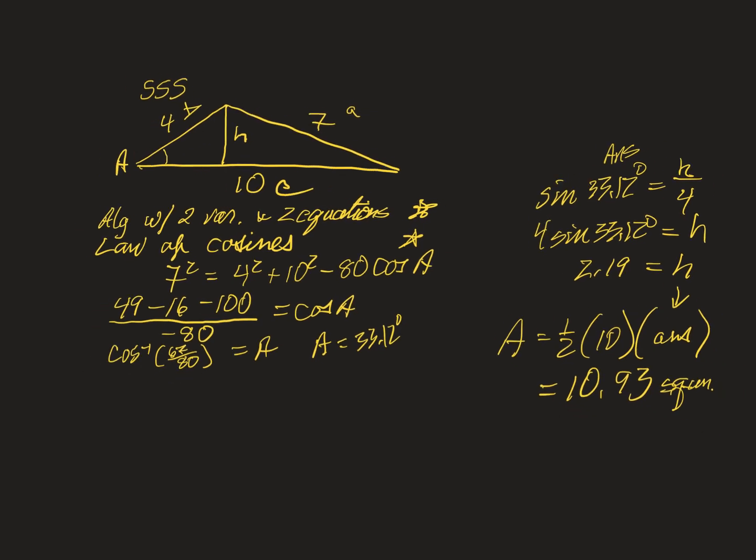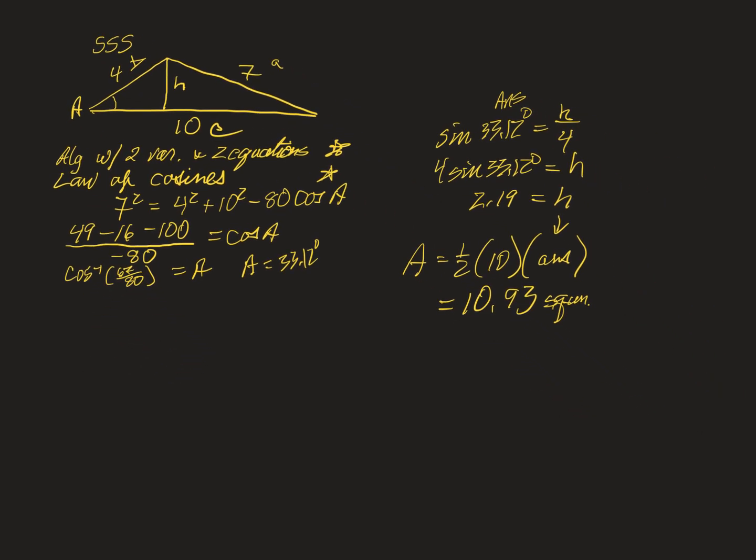So you ready? Let's go a little different. Let's do a little more algebra. So one of the things we could do is label this side x, and label this one 10 minus x. Since I know this side here and this side here, I could use cosines.